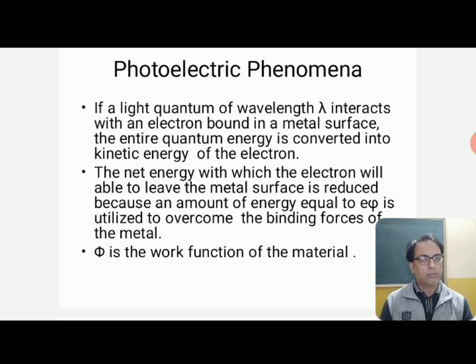Some of the energy is used by the material, because every material has a work function, which is the minimum energy required to make an electron emit from the surface. That much energy is reduced, and the rest is used as kinetic energy.